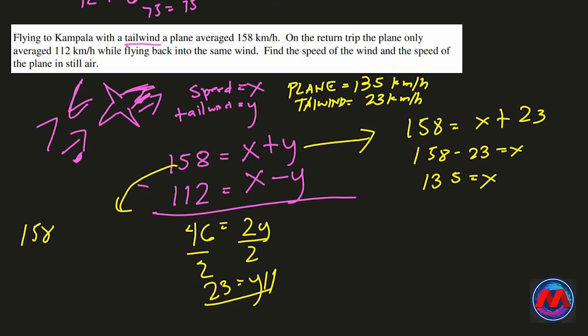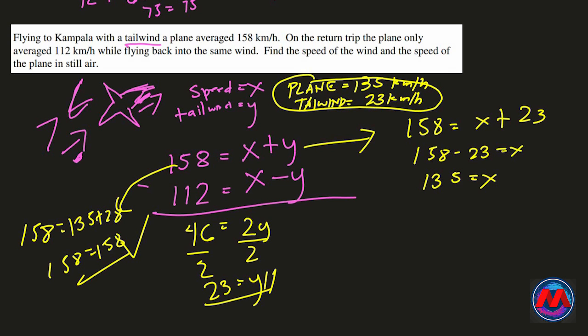So, that's 158. So, ang x natin is 135 plus 23. So, 135 plus 23, that's 158. 158 is equals to 158. Ibig sabihin, tama yung sagot natin. So, this is the final answer. So, the solutions for that is 135 and 23.